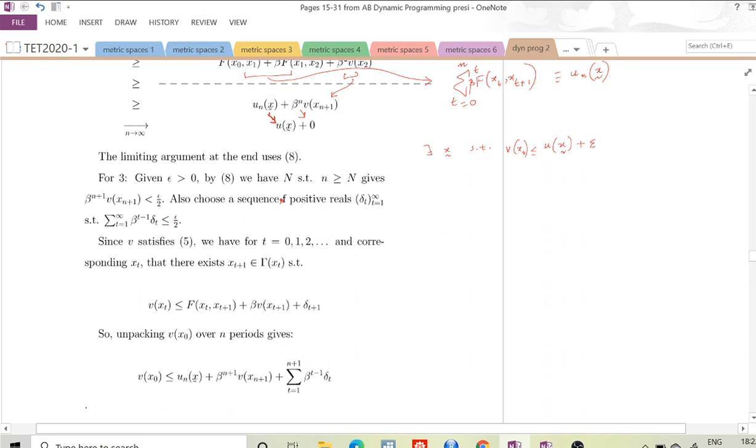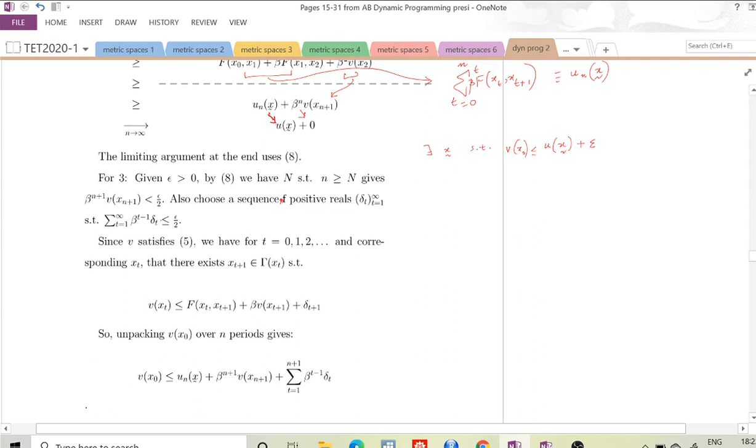So there are many ways in which I can do this. All that it's asking me to do is to choose these delta t's to be sufficiently small that the discounted sum is less than or equal to a given epsilon by 2. If you want, you can play around and come up with an actual sequence of these delta t's.